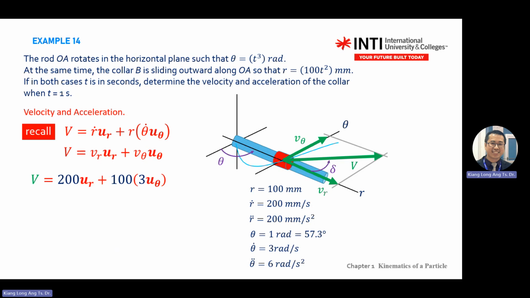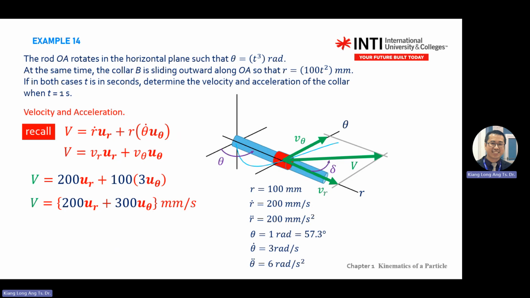Theta dot, you already did the calculation; theta dot equals 3. In this case, it is in radian units. So this is the v vector, with magnitude and direction for each component.